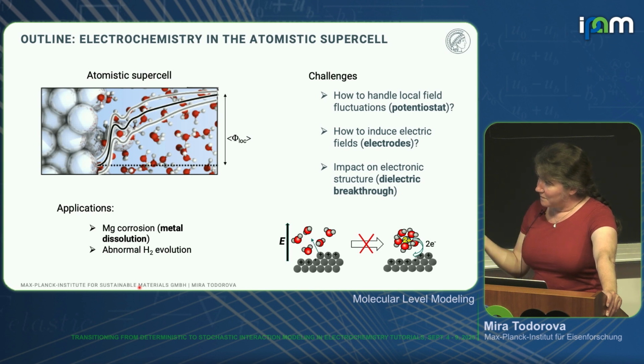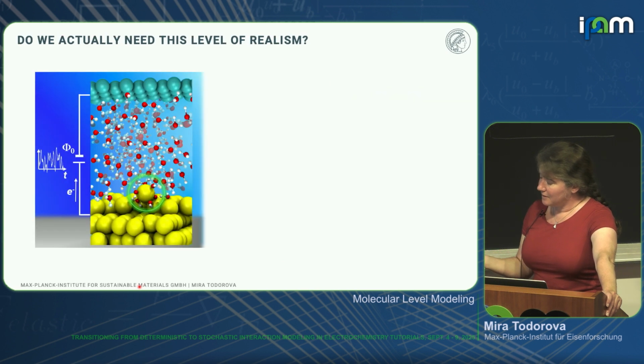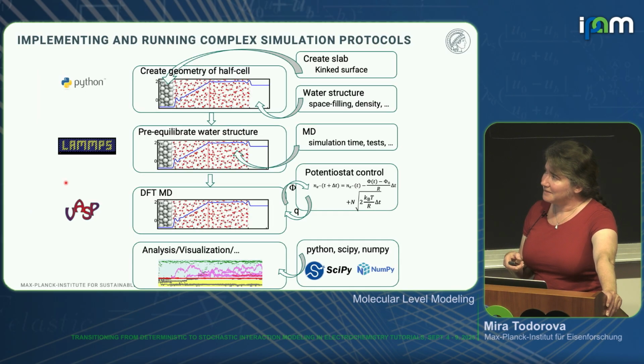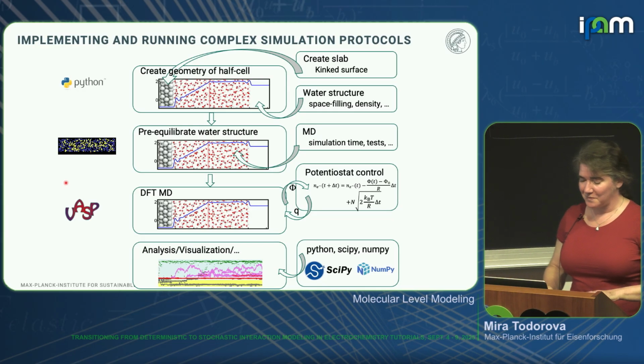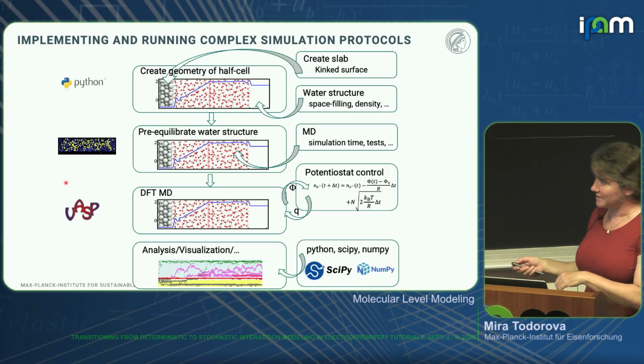And I think we need this level of realism, otherwise we will not be able to model a reaction like this. But this also involves a workflow that is not always very straightforward, and it took us a longer time to really figure out all the steps.